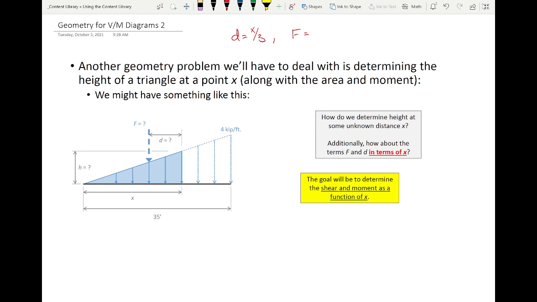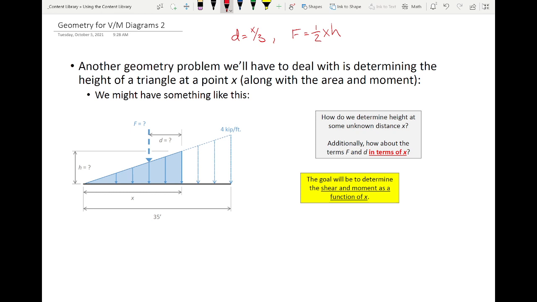But I propose that the area of that triangle is 1/2 base times height. Is that fair? I don't think that's mysterious, okay? But I like keeping things simple whenever possible, and I would like to deal in a single variable.